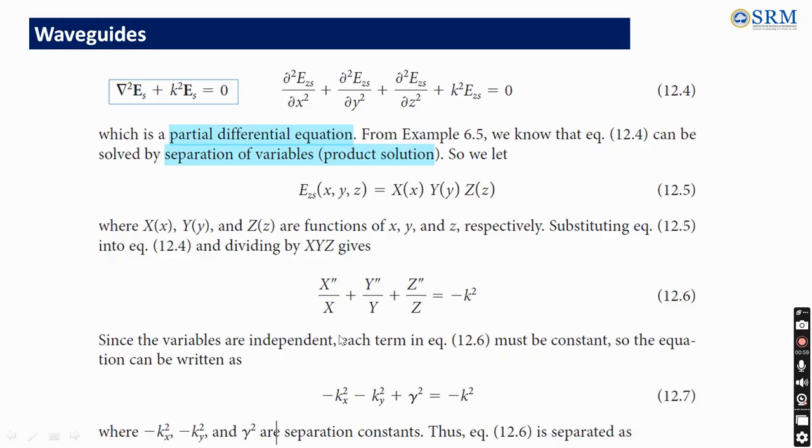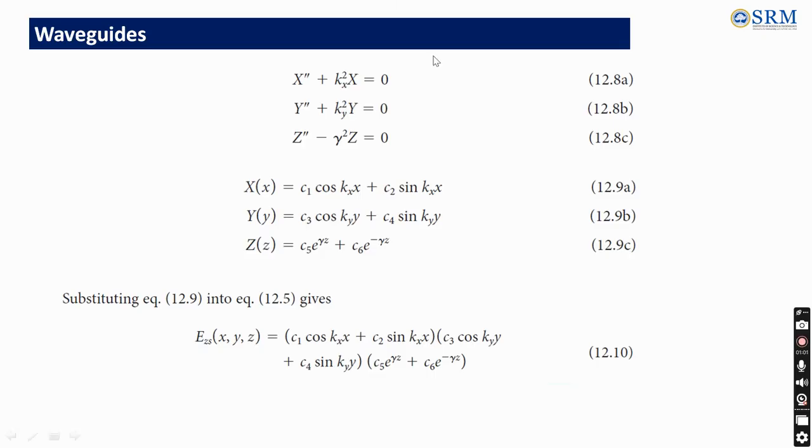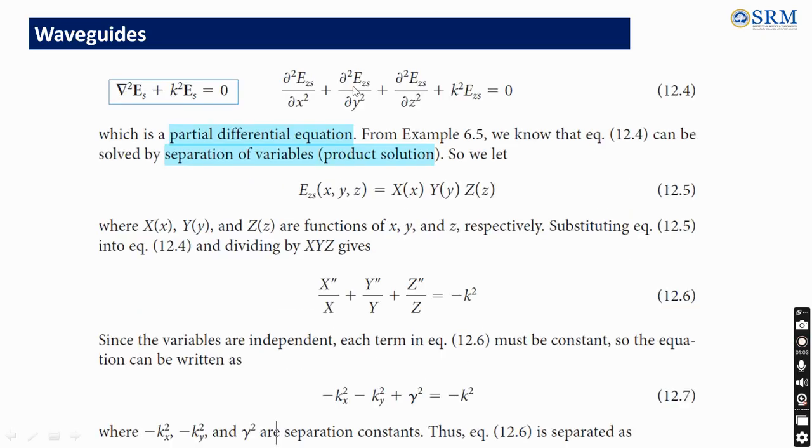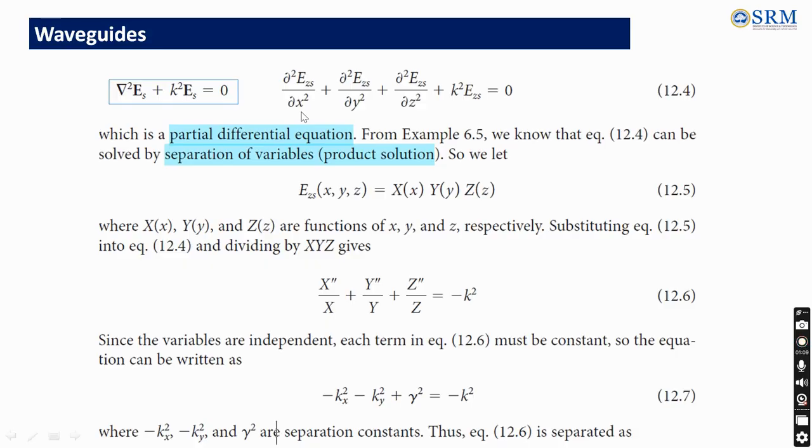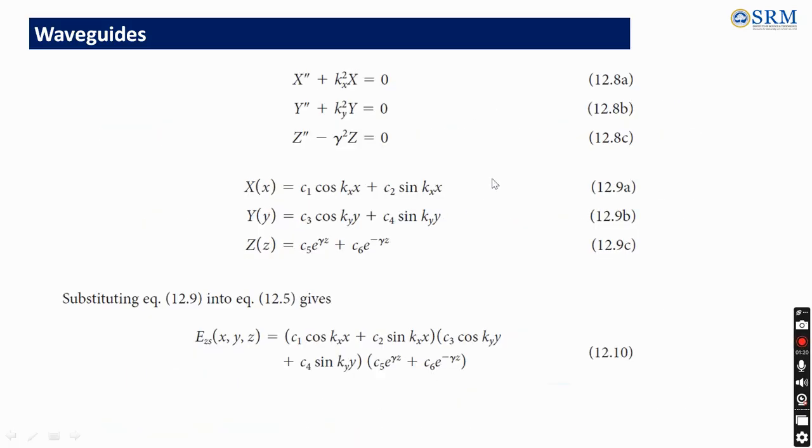So X double dash plus kx square X is equal to 0. Y double dash plus ky square Y is equal to 0. Then Z double dash minus gamma square Z is equal to 0.